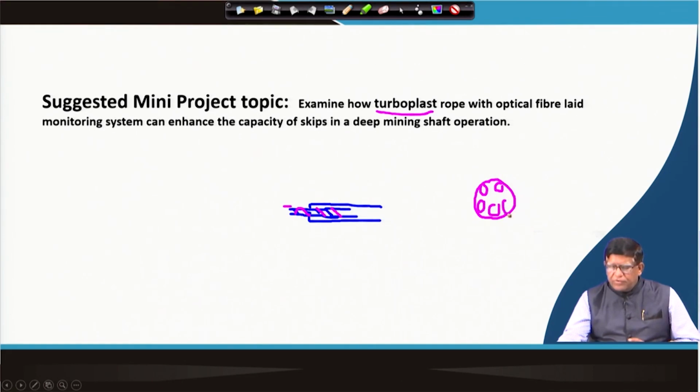If there are, say, 6 strands, they are made of wires, and those wires make up the strands, which are laid over here, and inside there is a core. Now, in the space in between, there is a plastic, a synthetic, which gives strength.